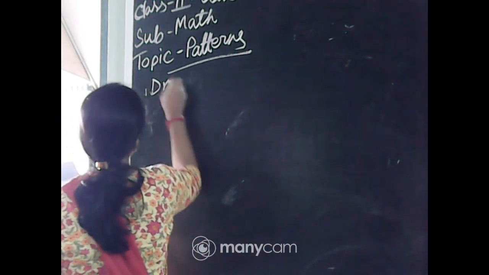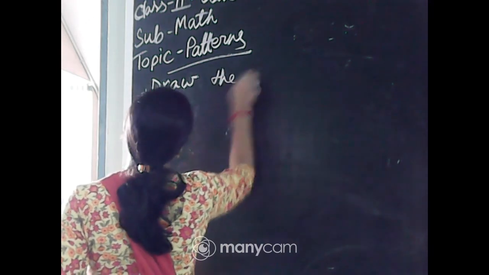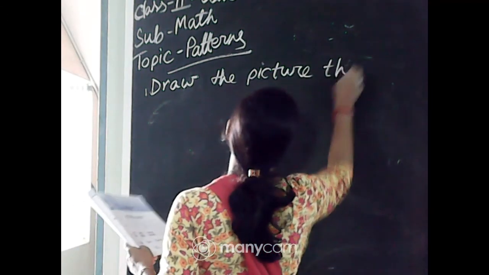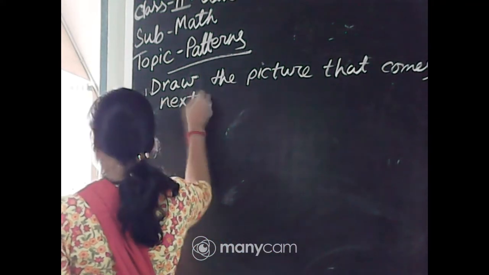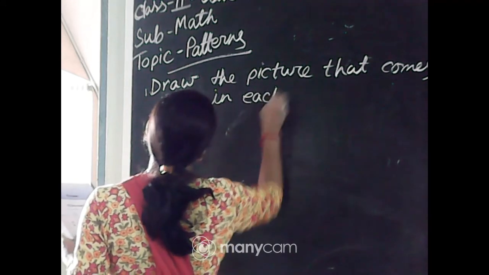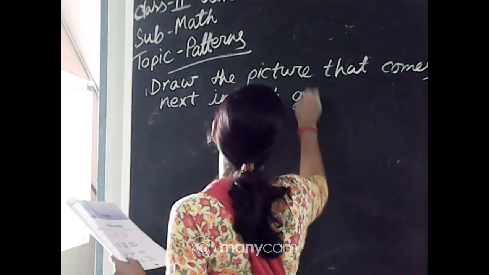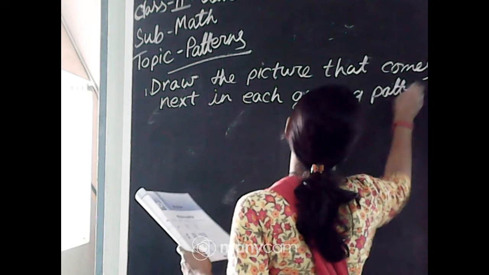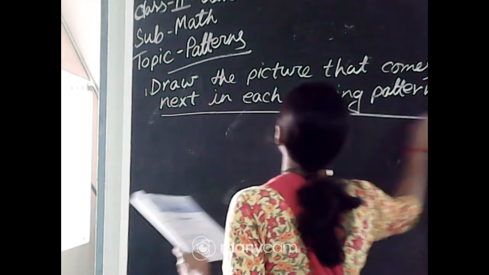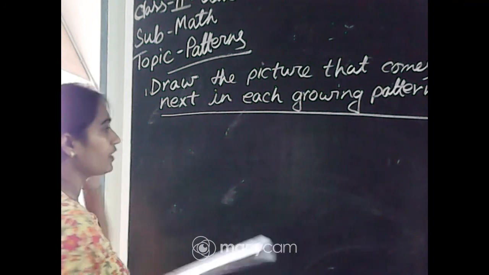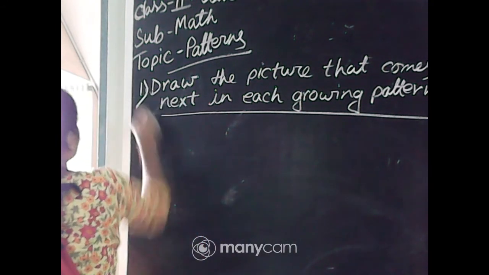Draw the picture that comes next in each growing pattern. Okay. Now this is number 1A.